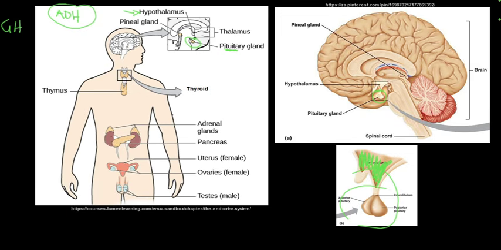So the growth hormone does exactly what the name says. It promotes growth of your muscles and the skeleton by stimulating the synthesis of proteins. So the production of proteins are triggered or stimulated by the growth hormone that is produced by the pituitary gland.